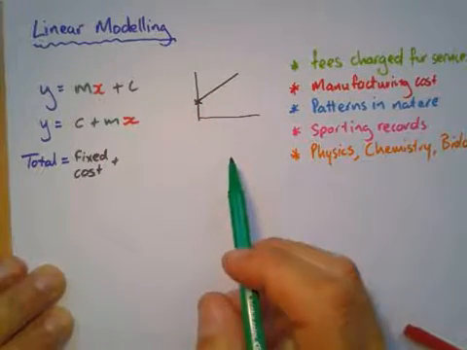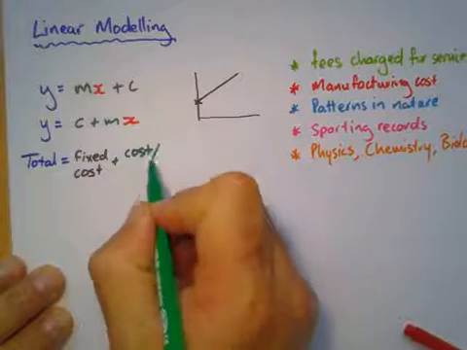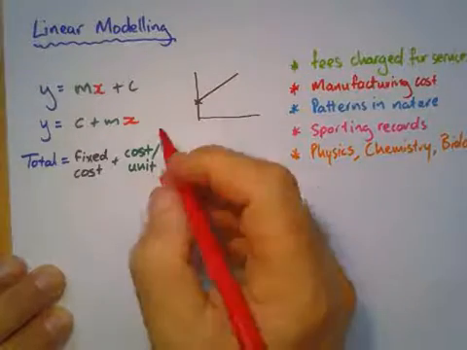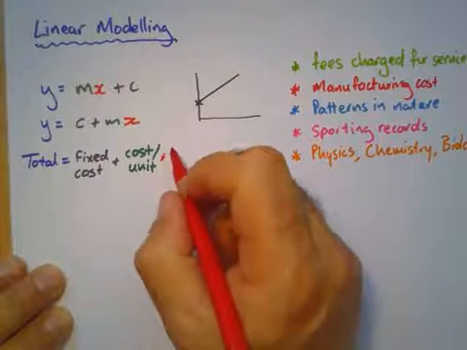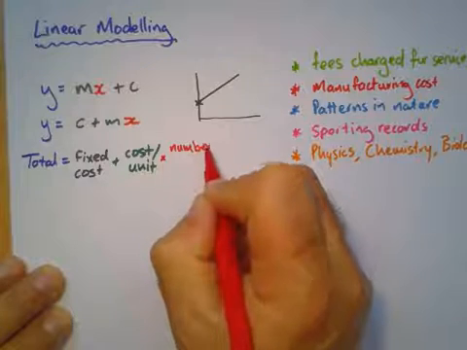It means how quickly things change. So this is going to be our cost per unit. I'll give you another example as well. Multiplied by x is how many units there are. So that is the number of units.